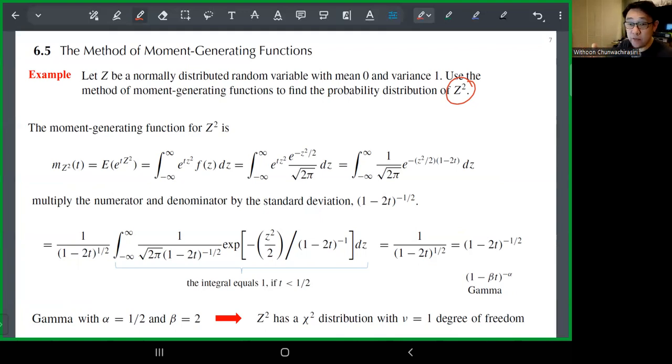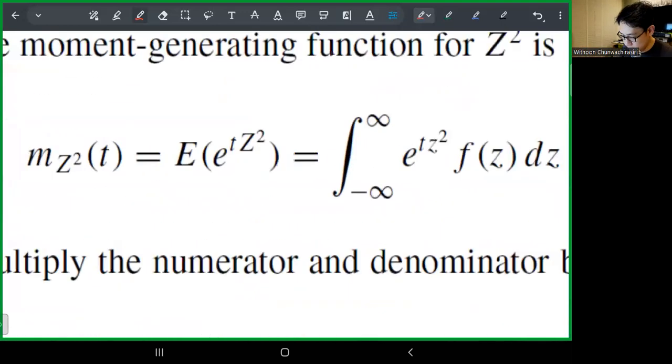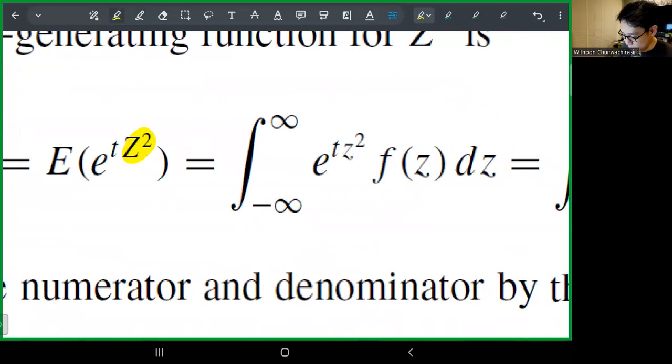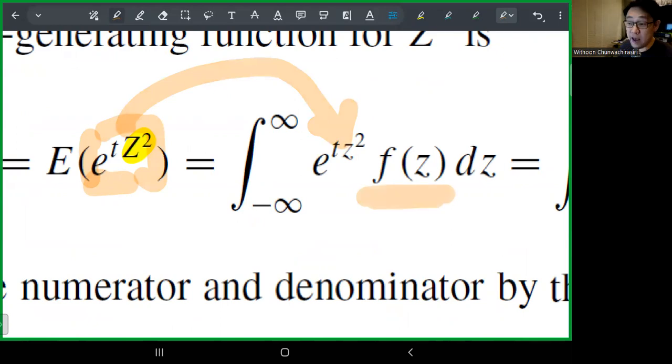But the idea is, if you want to follow the moment generating function method, all you have to do is go step by step. I want to find the moment generating function of Z squared. All you have to do is put the Z squared on top of that exponential t. Whatever the function is that you want to find the expectation of, just plug this whole thing in here, followed by the PDF, the probability density function.